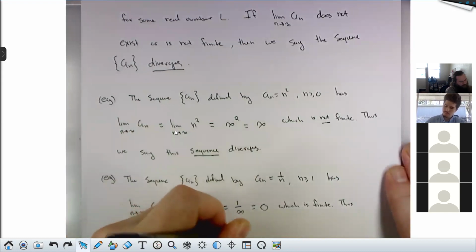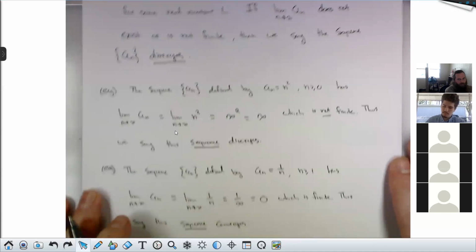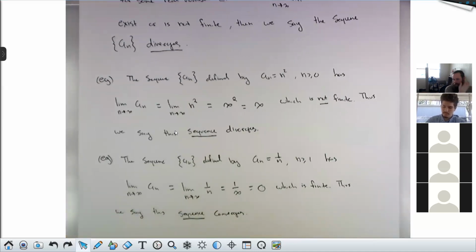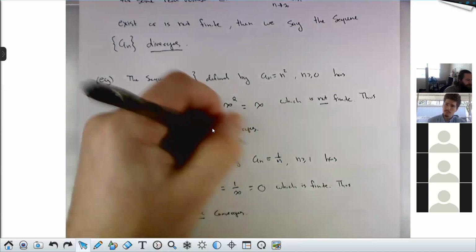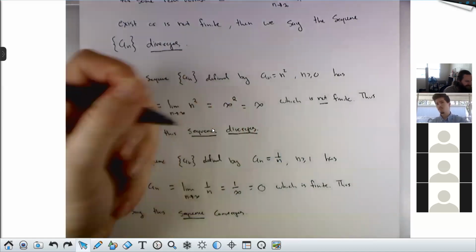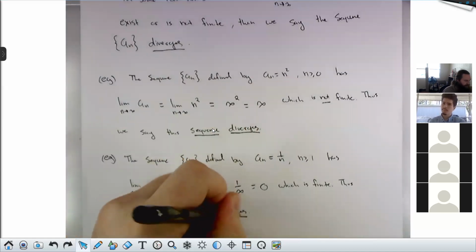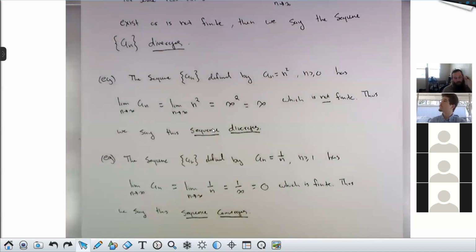And I can hear anybody who's taken Calc 2 in the past having a little bit of an aneurysm right now, because we often associate 1 over n with the word diverges. But I'm talking about sequences here, not series. So if you've never seen this before, don't worry. But trust me when I say there is room for confusion down the road with these different notions of convergence.